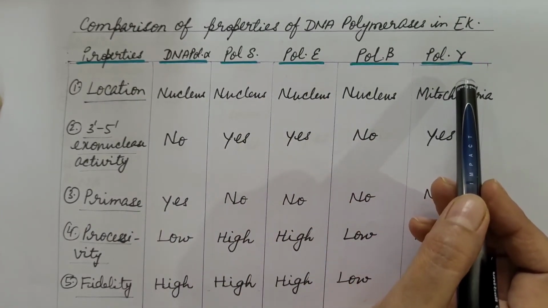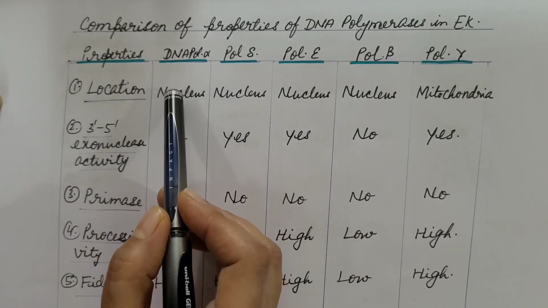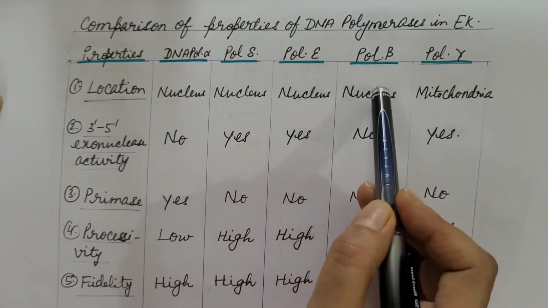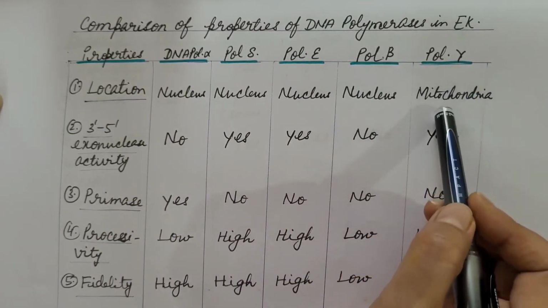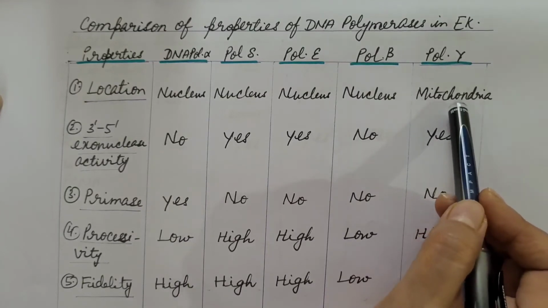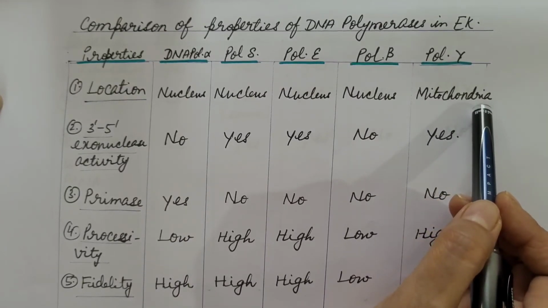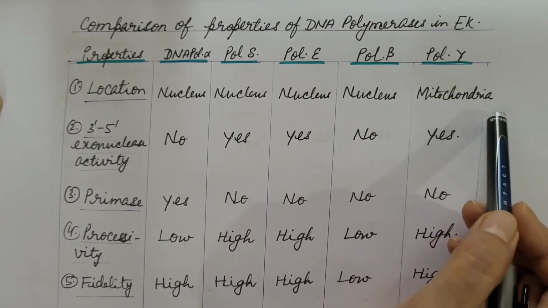So let us compare their properties. First is location. DNA polymerase alpha, delta, epsilon and beta are located in the nucleus. And DNA polymerase gamma is located in mitochondria. It is involved only in mitochondrial DNA replication since mitochondria has DNA.